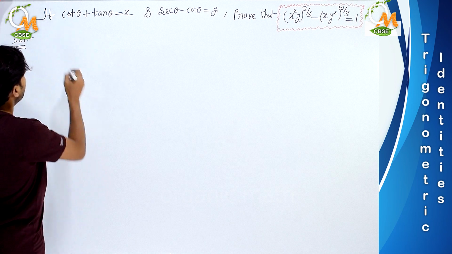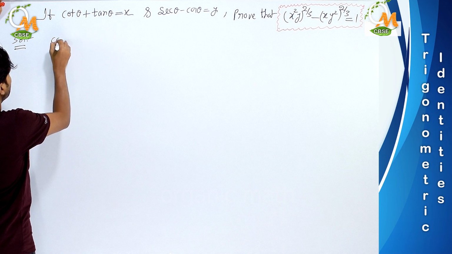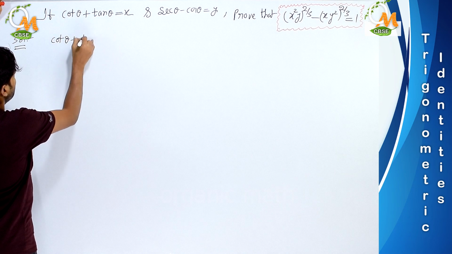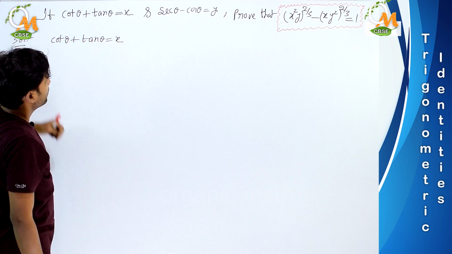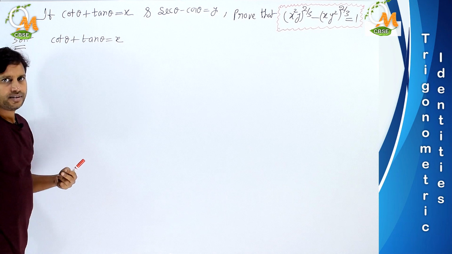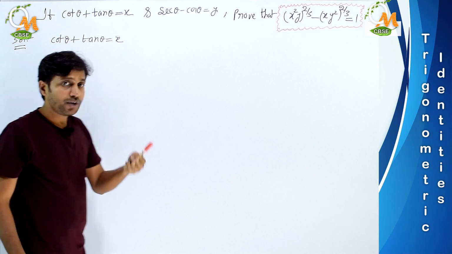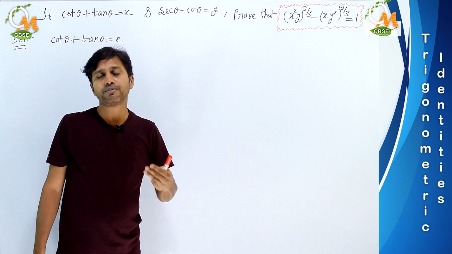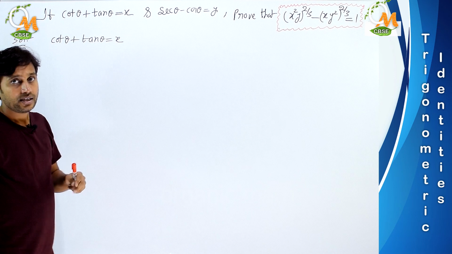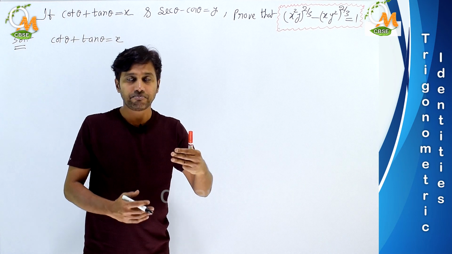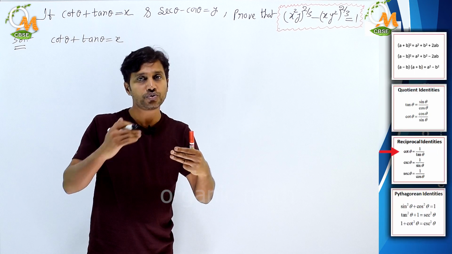See this here, this is cot theta plus tan theta equal to x. Let us write down: cot theta plus tan theta equal to x. If you want to convert this cot and tan in terms of sine and cos, how do you do this? Cot theta can be written as cos theta by sin theta, because cot theta is the ratio of cos to sine.